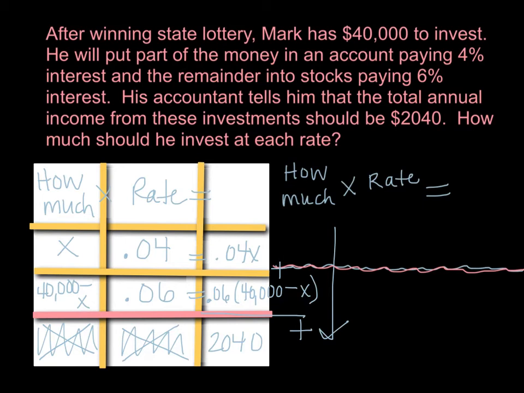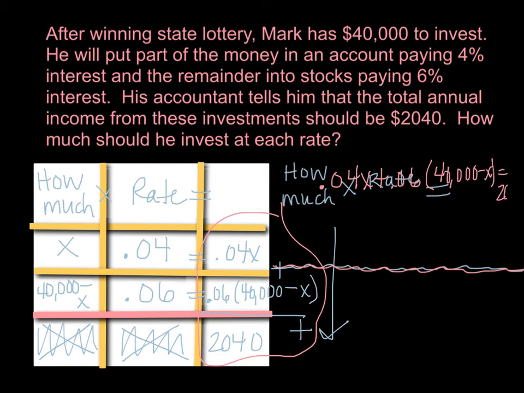And what we've done is we've created the equation that we need to solve right here. 0.04x plus 0.06 times 40,000 minus x equals $2,040. So we've created the equation we want to solve straight here in our right column.